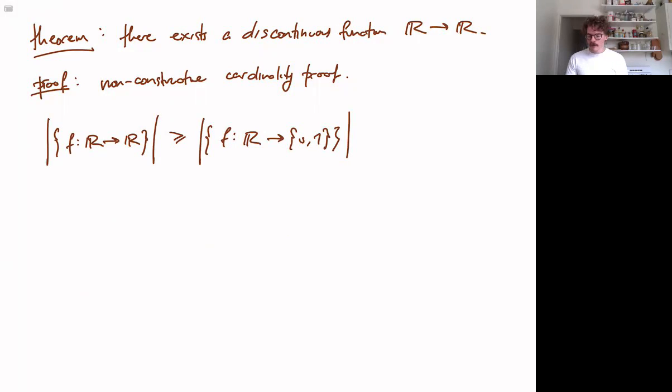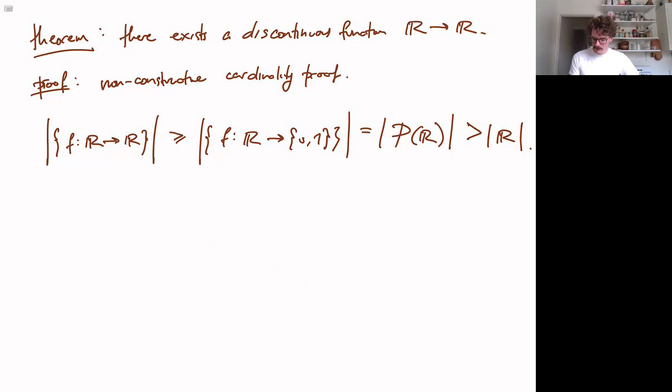The number of functions from R to R is greater than or equal to the number of functions from R to {0, 1} in the sense of cardinality. And we've seen that this is in bijection with the power set of R. And by Cantor's theorem, the power set always has strictly larger cardinality than the original set. So the set of functions from R to R is strictly greater than the cardinality of the real numbers.